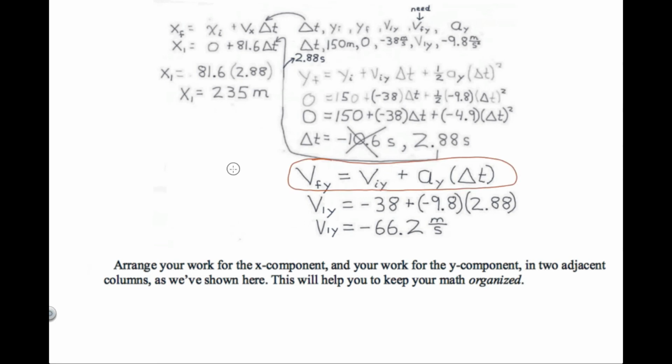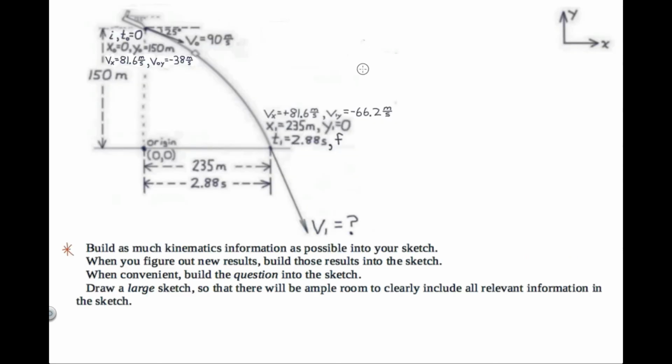By the way, notice that this is the first video in this series in which we've used this kinematics equation. For a projectile motion problem, build as much kinematics information as possible into your sketch, as we've shown here. For example, we clarified our thinking by building the velocity components at time 0 and the velocity components at time 1 into the sketch.